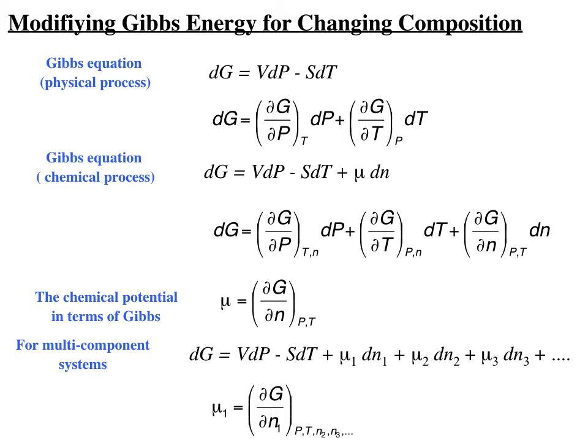Now, since again it's an exact differential, I can express mu in terms of other variables by comparing to the exact differential equation to find that the chemical potential can also be expressed as how the free energy varies with composition, but now under the auspices that the pressure and temperature are held fixed.